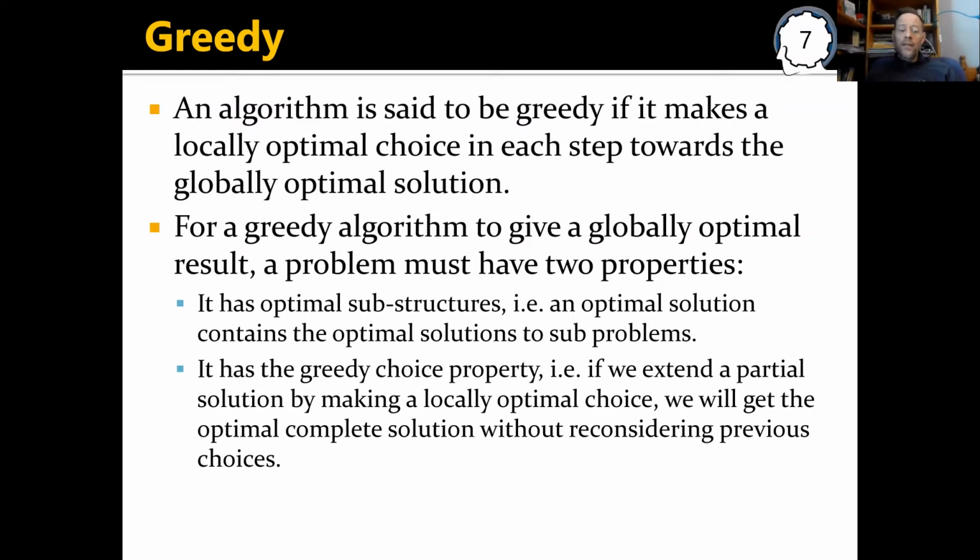The second one is that it has to have the greedy choice property, which means that if we extend a partial solution, we will get the optimal complete solution without considering previous choices. So basically we can extend this one step at a time, and there is never a chance that a previous choice needs to be remade.